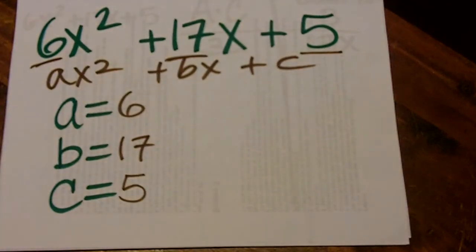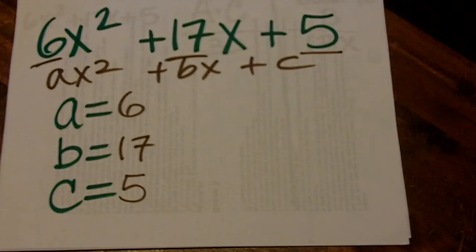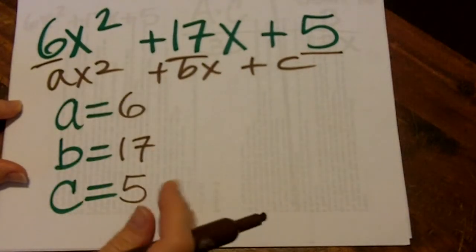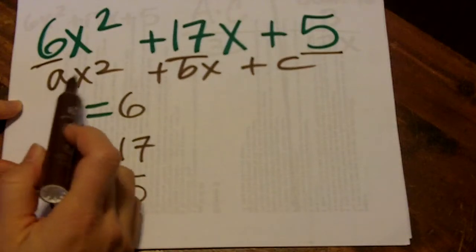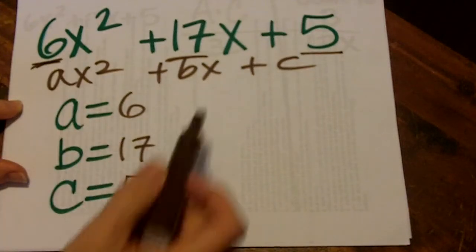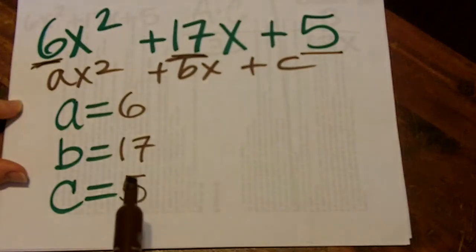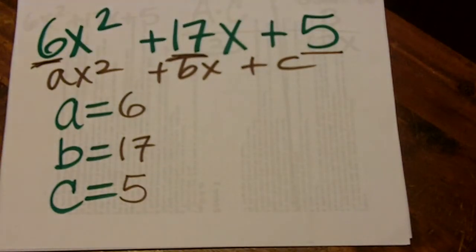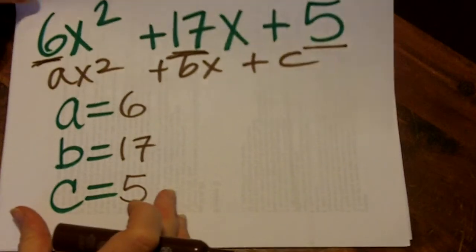Okay, and we're going to be using the ABC method, so you're going to need to recognize this is the standard form of a polynomial, and the a refers to the coefficient of x squared, the b refers to the coefficient of x, and c stands for the constant, or the number that stands alone without an x.